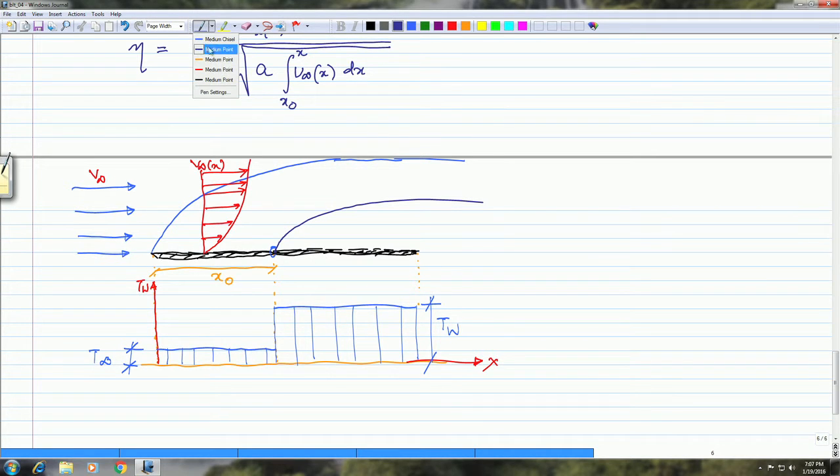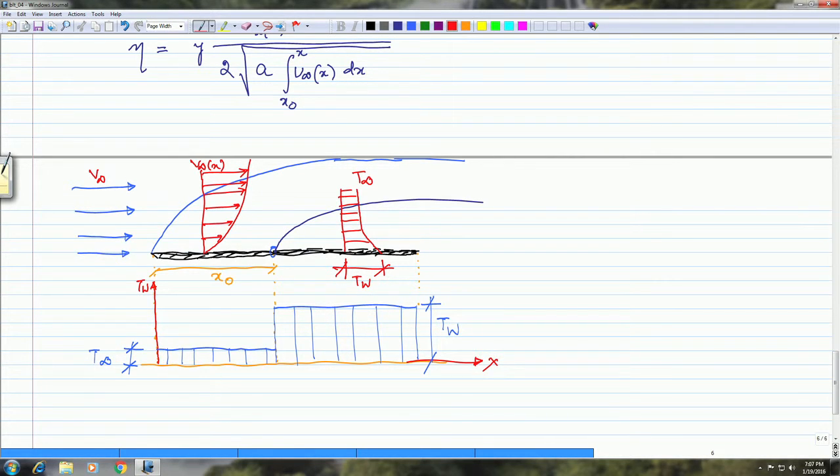So this is basically the free stream, and this bit is the wall temperature.